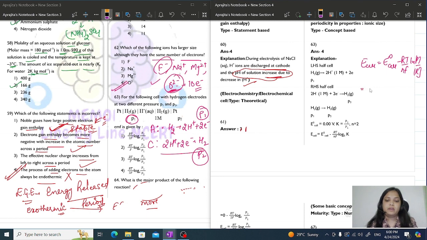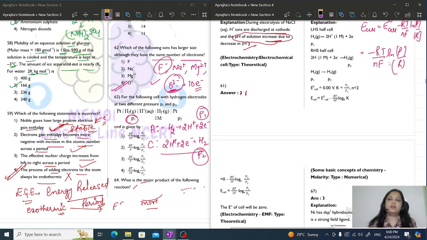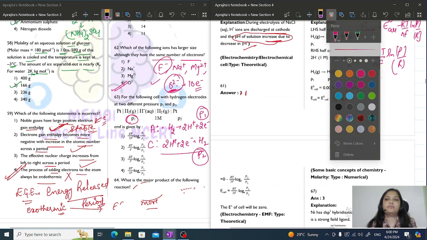So it would be minus RT upon nF log of product upon reactant, that is log K. Since here the concentration of hydrogen would be taken as 1, we can write it in the form of pressure.